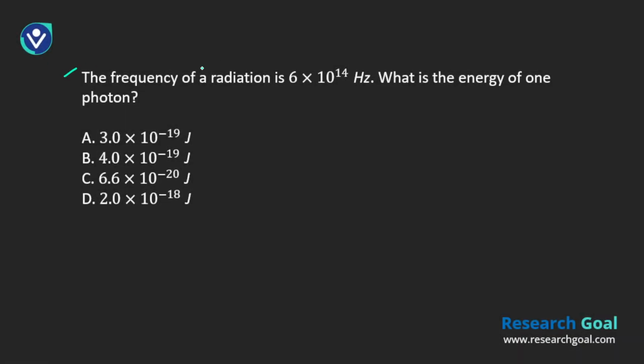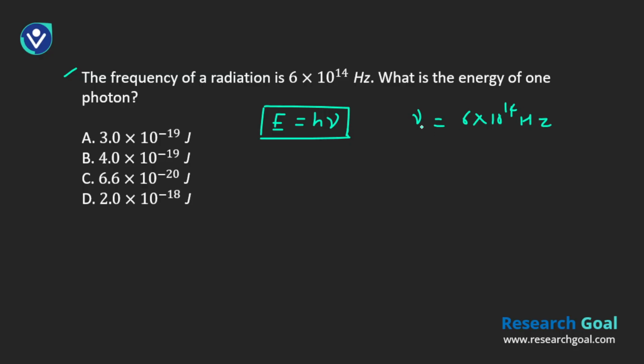Here comes the numerical. The frequency of radiation is 6 multiplied by 10 to the power 14 hertz. What is the energy of 1 photon? I hope now you know how to apply this equation. What is given, you already know: frequency, 6 into 10 to the power 14 hertz.